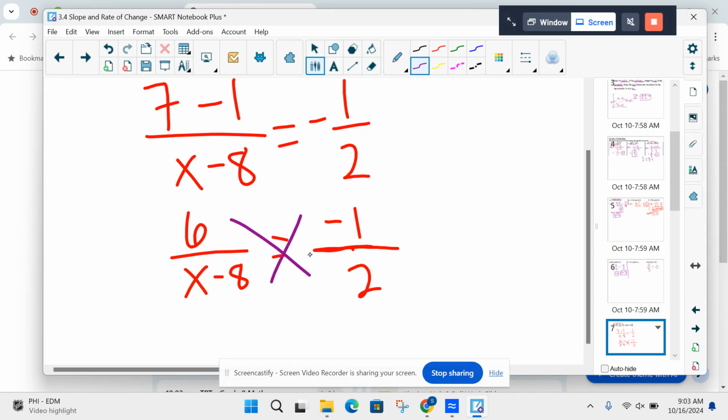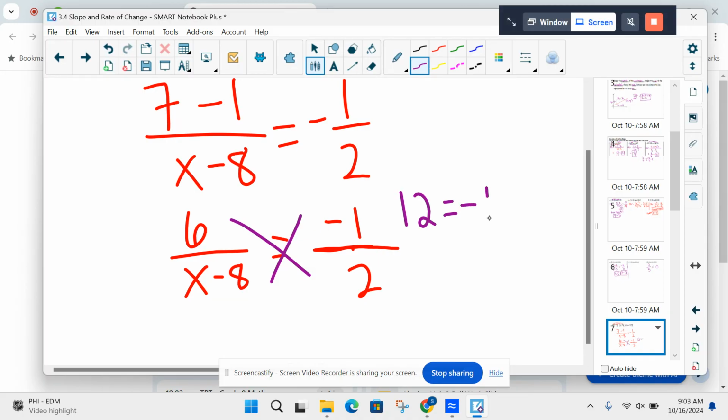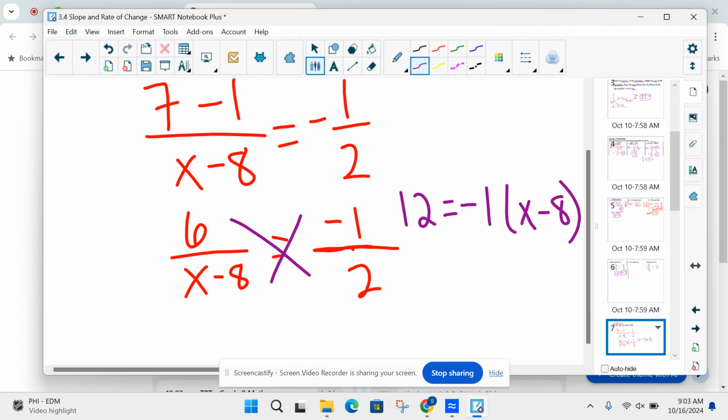So here we get 6 times 2, which is 12, equals, actually this might have been easier to give the negative sign to the 2, but that's all right. And then negative 1 times x minus 8. Okay, so if you didn't do it like this, maybe try it out anyways.